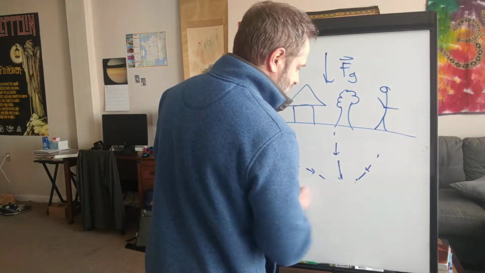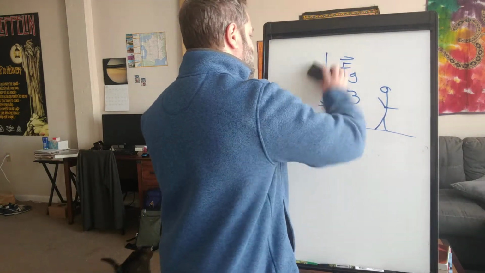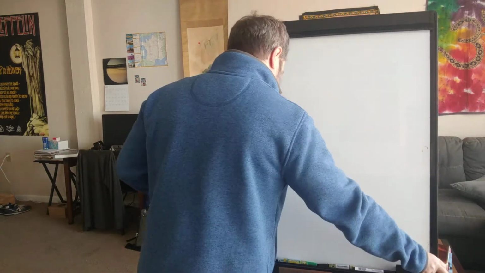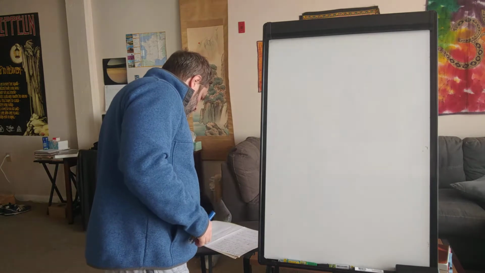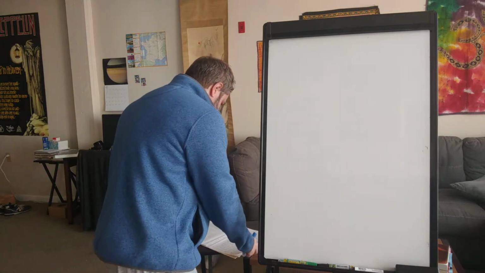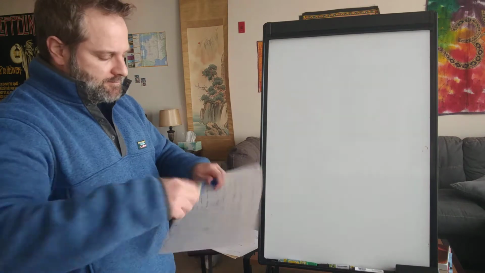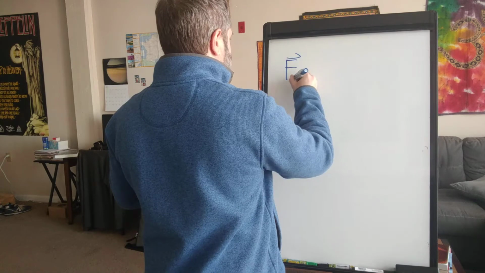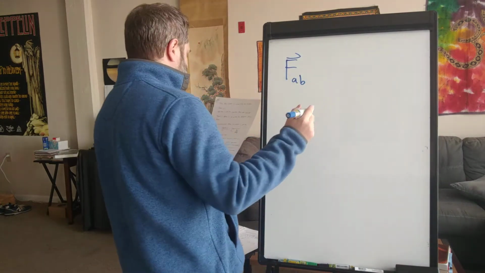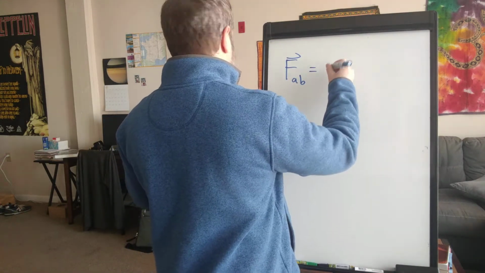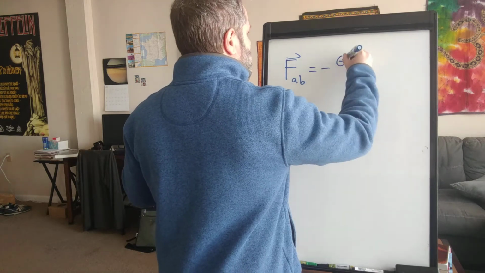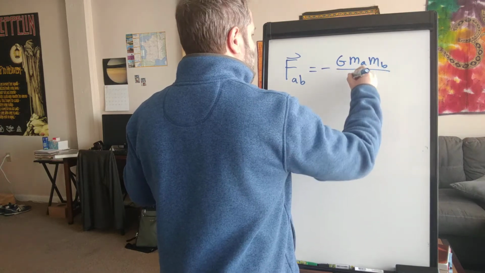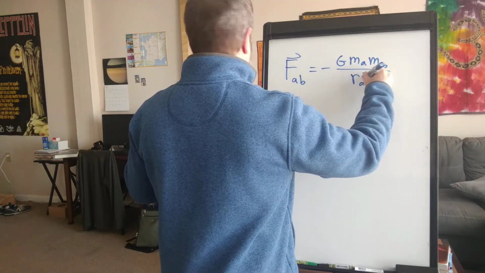So, before we get into celestial mechanics and orbits and stuff like that, let's just write down Newton's law for gravity to start off with. So the force of gravity, which itself, of course, is a vector, between two objects, A and B, is equal to negative G M_A M_B divided by r_AB squared.